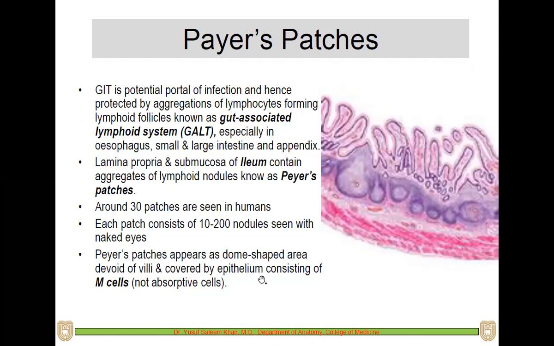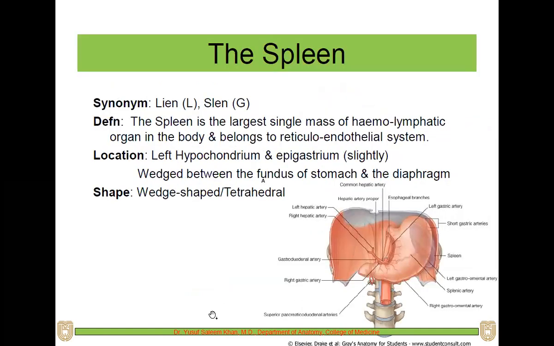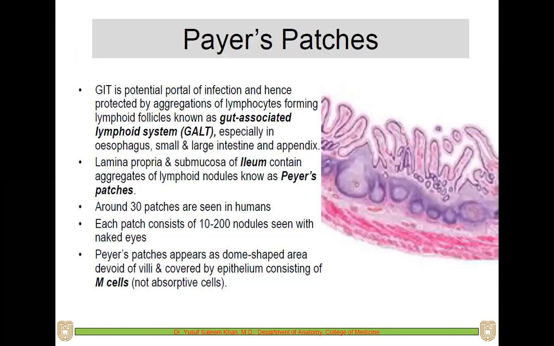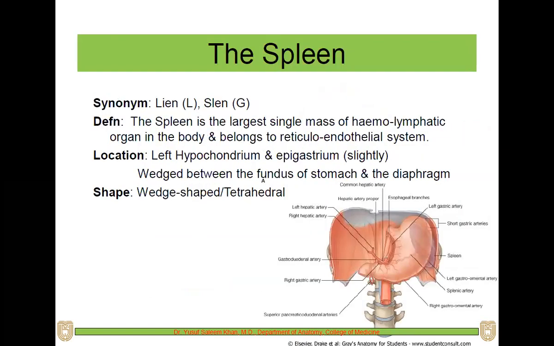The patches are covered by epithelium consisting of M cells. The cells covering the Peyer's patches are called M cells. They are not absorptive cells. That is the important part of the lymphatic system seen in the intestine, especially in the ileum as well as the appendix.